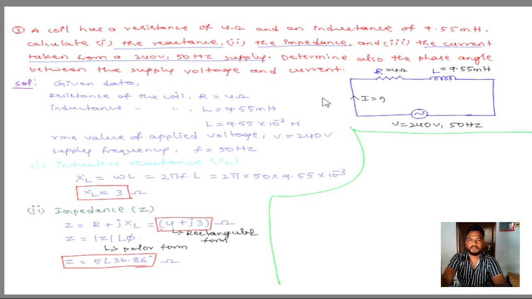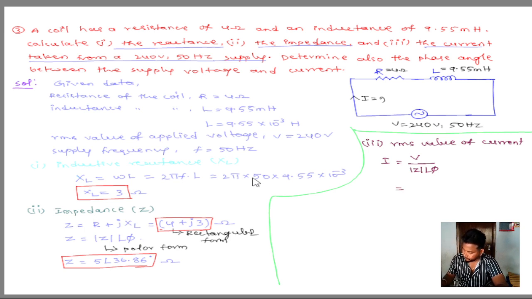We are calculating the RMS value of current. That is capital I is equal to V by mod Z at an angle phi.